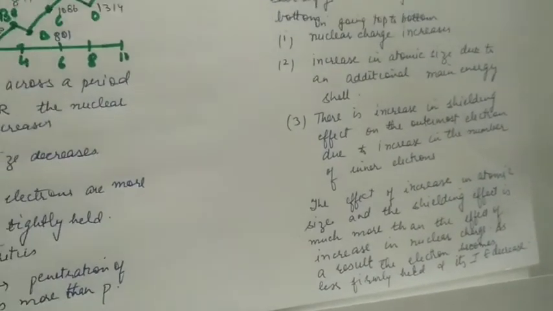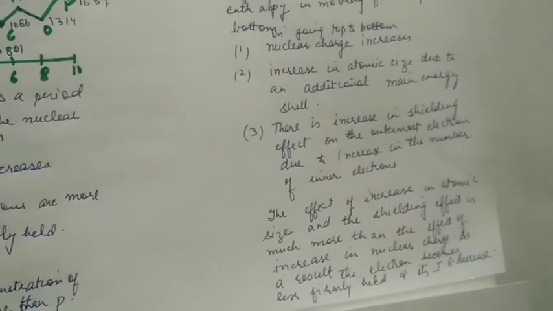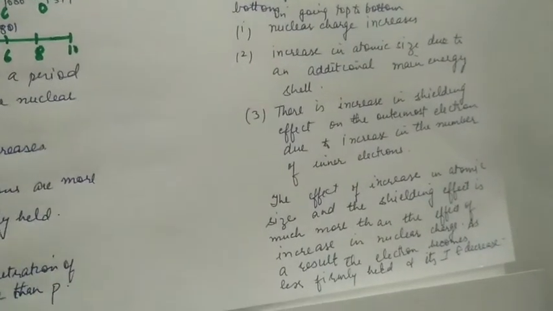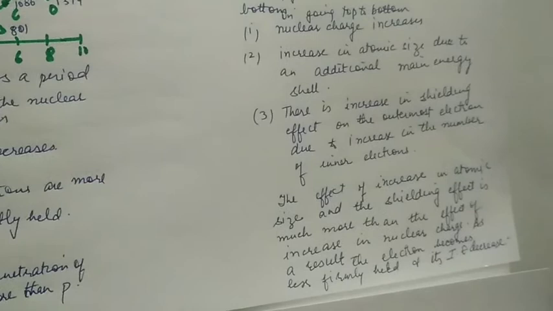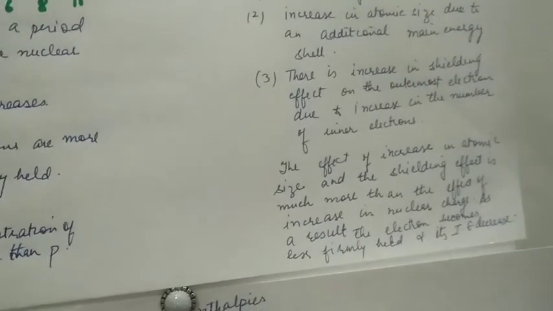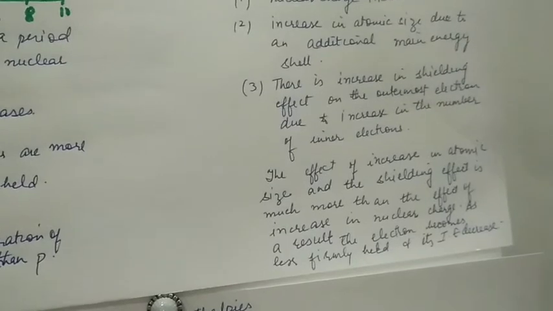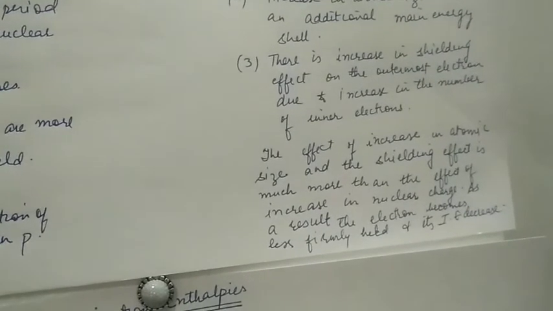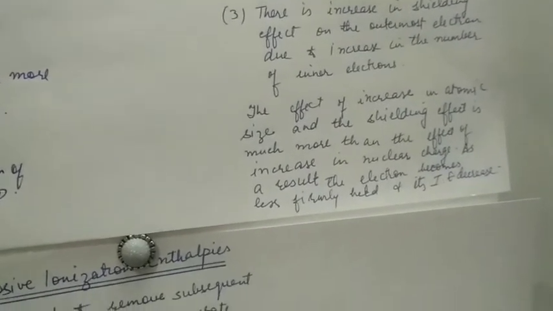The effect of increase in the atomic size and the shielding effect is much more than the effect of increase in nuclear charge. As a result, the electron becomes less firmly held and its ionization enthalpy value decreases.